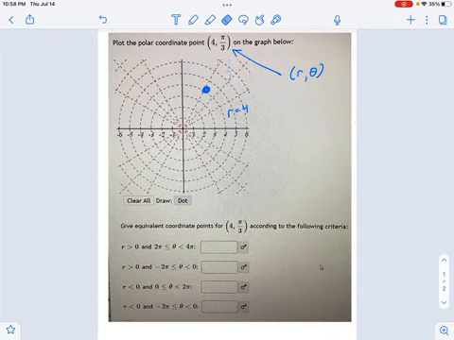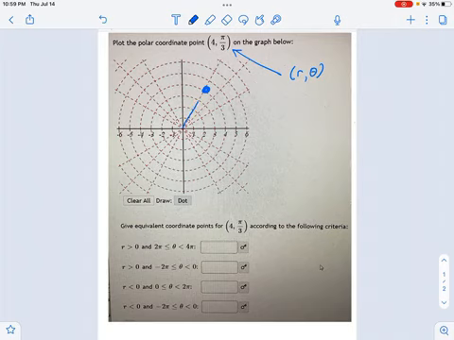And now what we're going to do is, this is kind of interesting, we're going to talk about how to phrase this point in different ways. You're not used to this from regular coordinates. When there's an x and a y, that's it. There's only one way to describe a point using x and y coordinates. But there are multiple ways to describe this blue dot here. And the easiest to see is using coterminal angles.